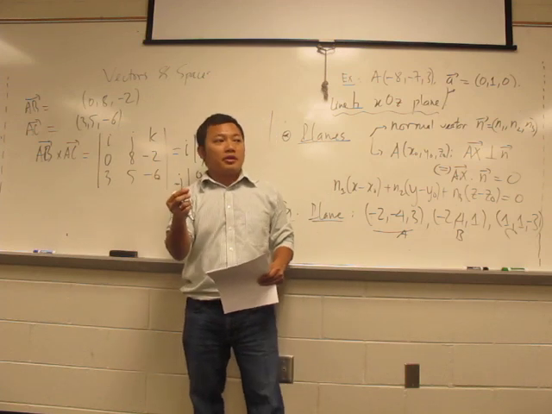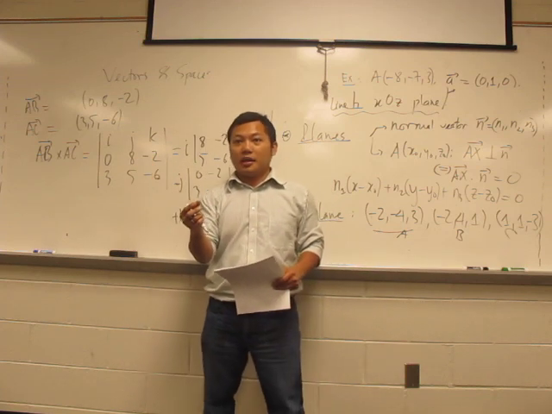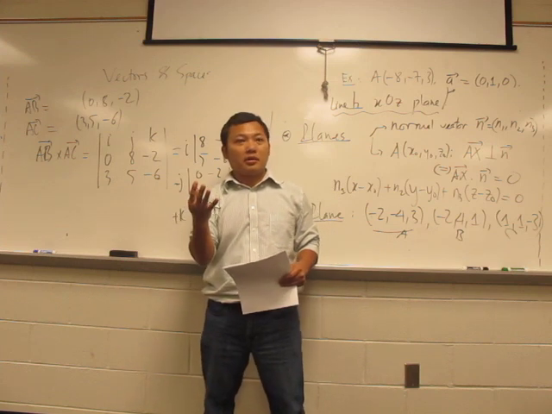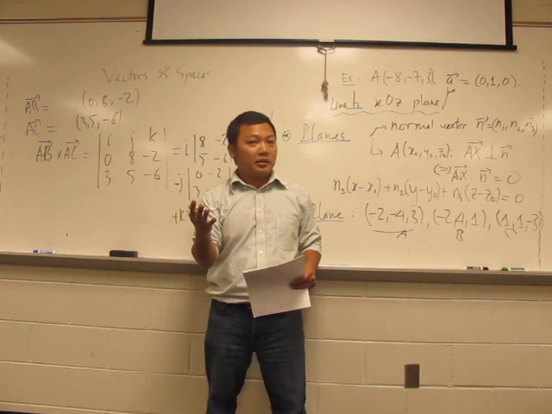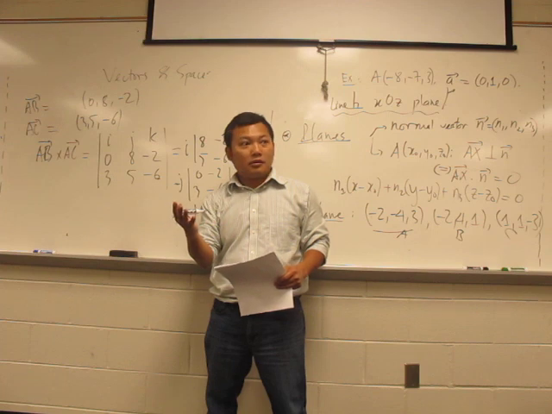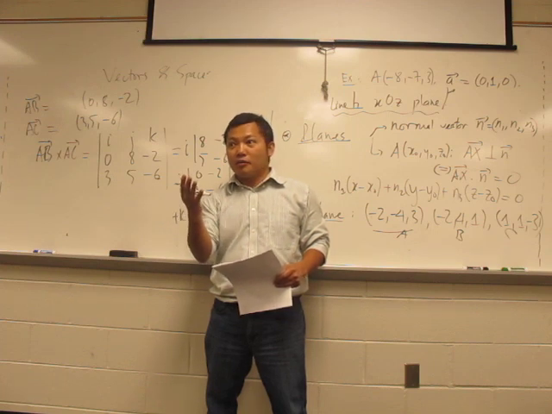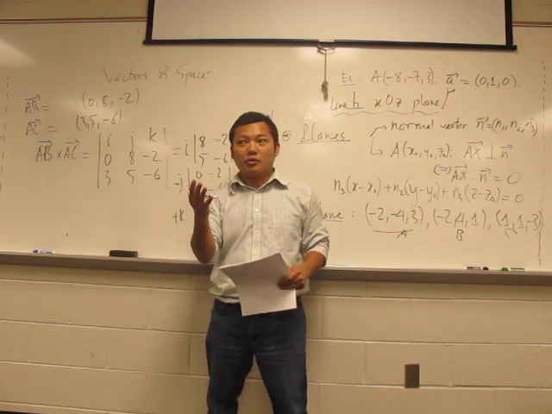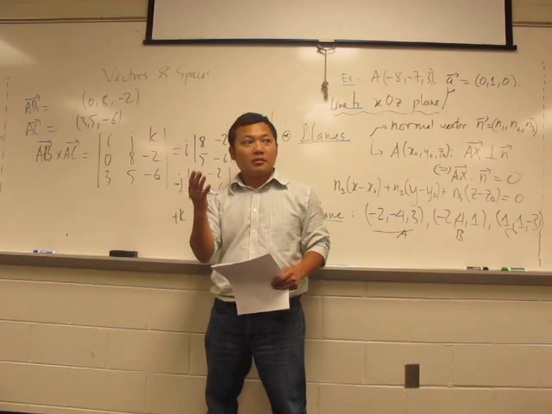We have a condition, how to use a determinant to check if three points are coplanar or not. Do you remember that? If three points are coplanar, the determinant should be equal to 0. Get it or not?